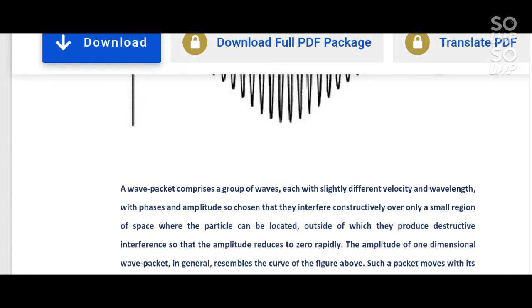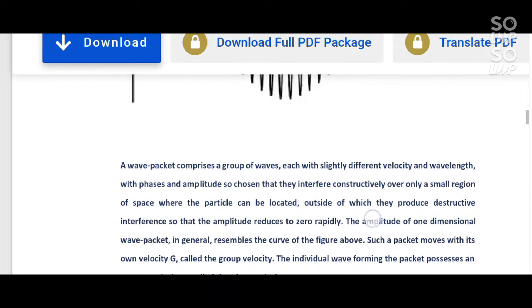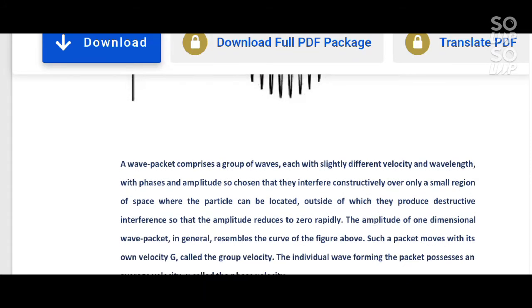A wave packet comprises a group of waves, each with slightly different velocity and wavelength, with phases and amplitude so chosen that they interfere constructively over only a small region of space where the particle can be located, outside of which they produce destructive interference, so that the amplitude reduces to zero rapidly.